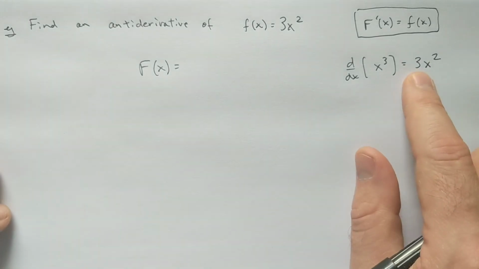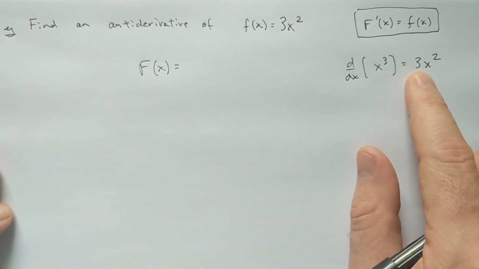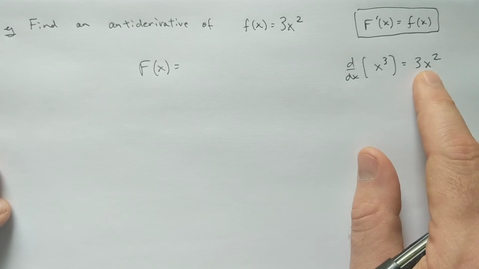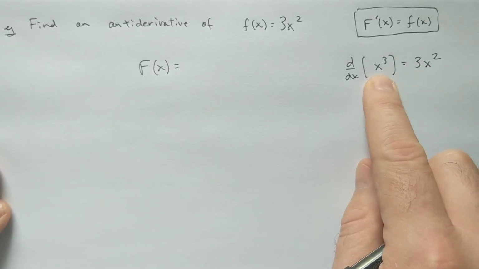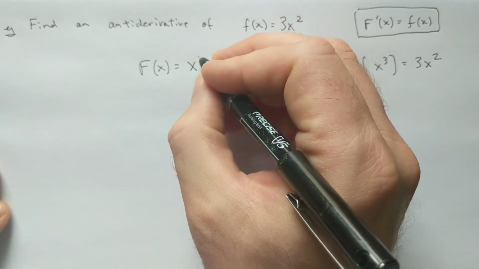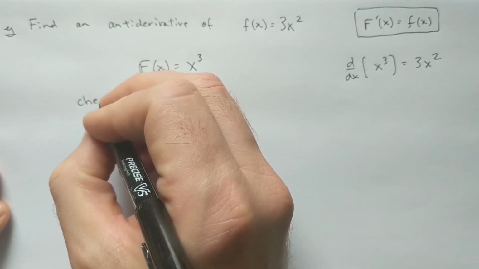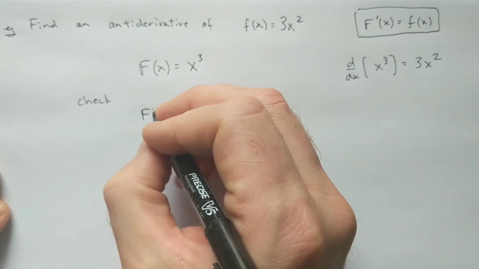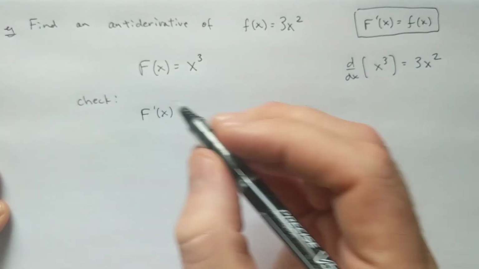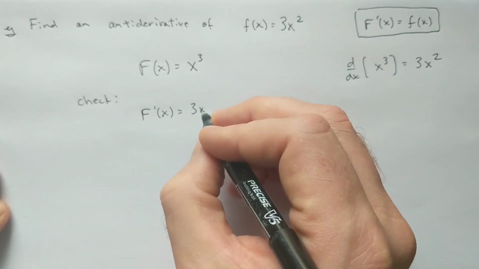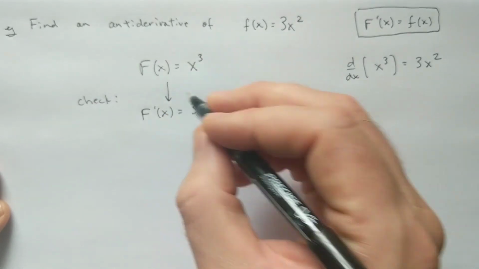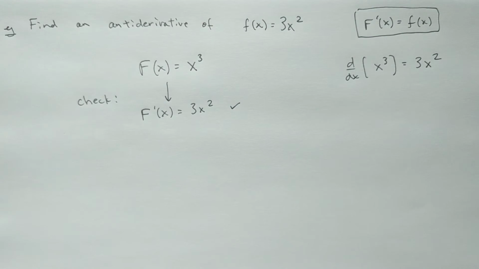So if I'm asking what is an antiderivative of 3x squared, one answer could be x cubed. If we want to check this, all we're doing is taking the derivative of this, which is 3x squared. So this works: an antiderivative of 3x squared is x cubed.